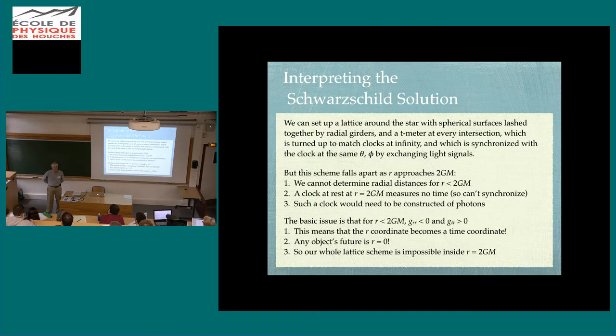And one of the ways to answer that question is you can calculate, and one of the things I have my students do in homework is calculate the acceleration of the spaceship you would need as you approach r equals 2GM.